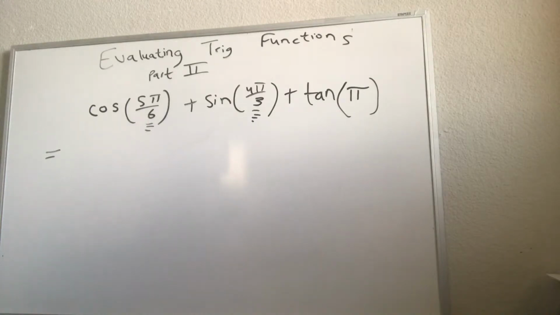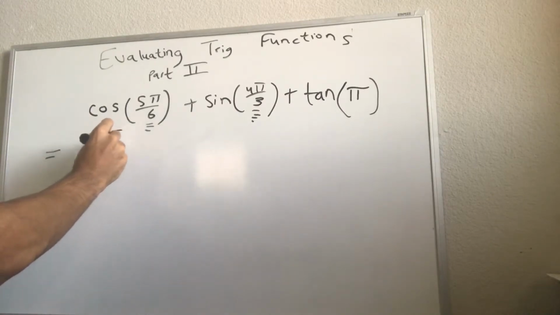However, this is in the second quadrant, and the rule is all students take calculus. So in quadrant 2, only sine values will be positive. Cosine will therefore be negative. So we know cosine of pi over 6 is root 3 over 2. Therefore, cosine of 5 pi over 6, this angle being in quadrant 2, should be negative root 3 over 2.